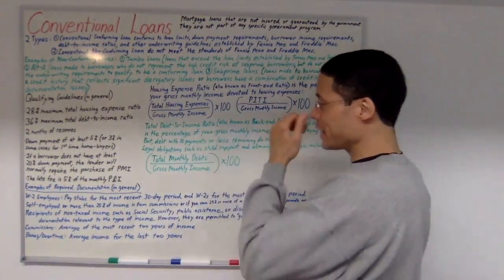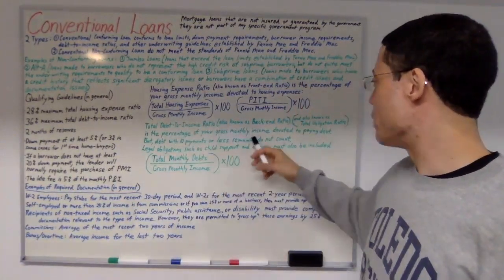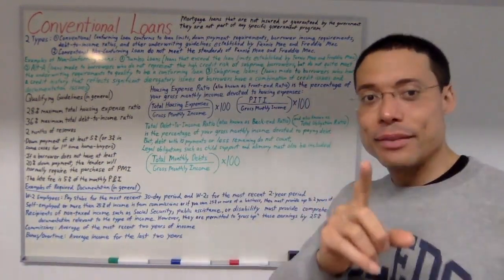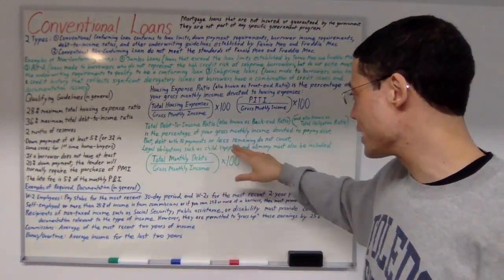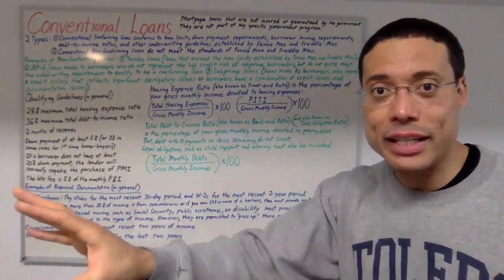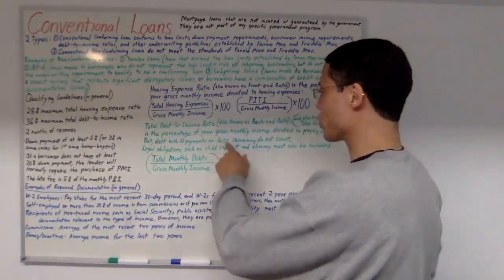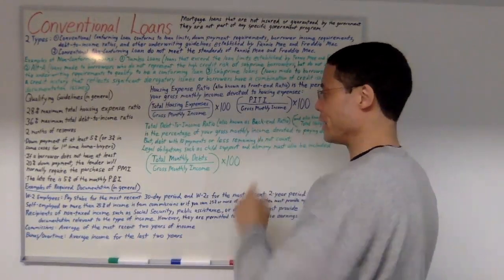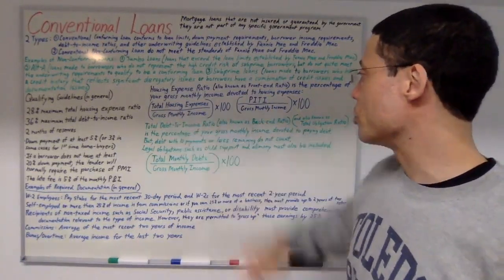The total debt to income ratio is the percentage of your gross monthly income devoted to paying debts. But keep in mind that debt with 10 payments or less remaining is not counted in the calculation of the total debt to income ratio.